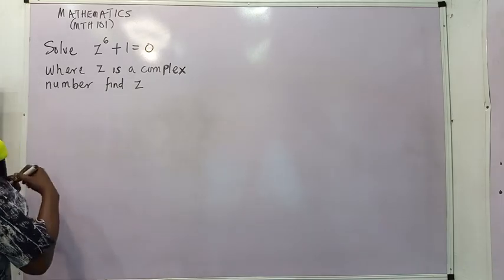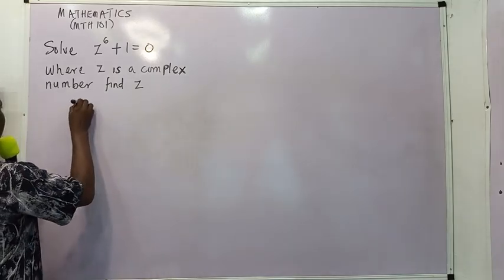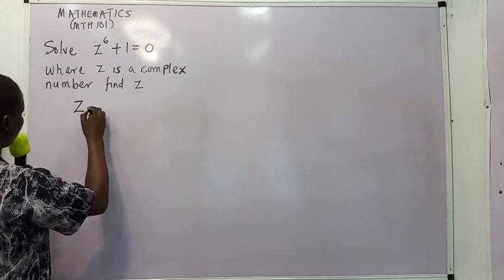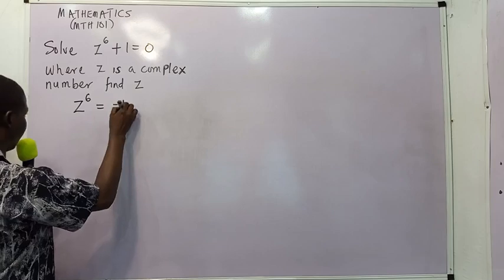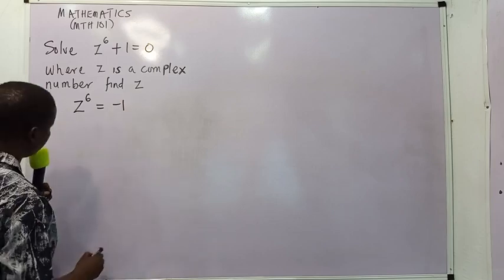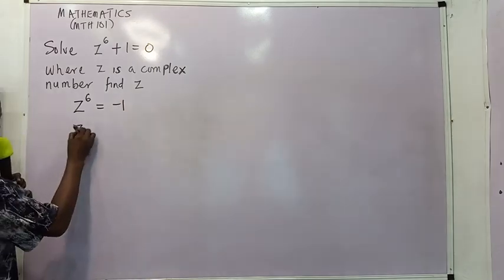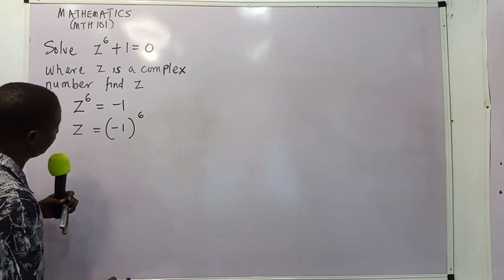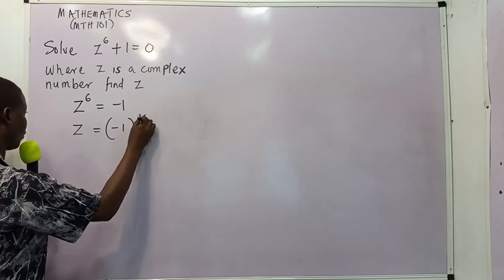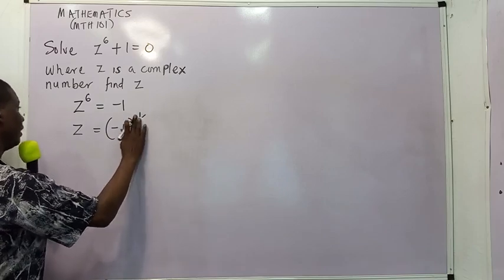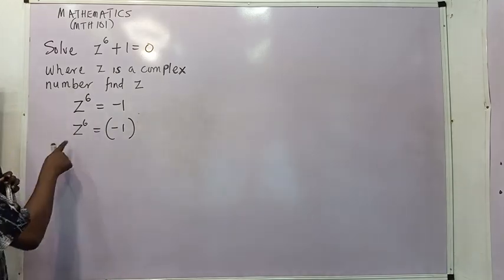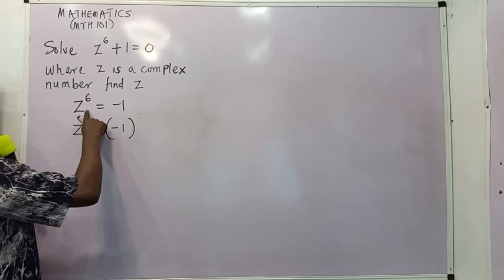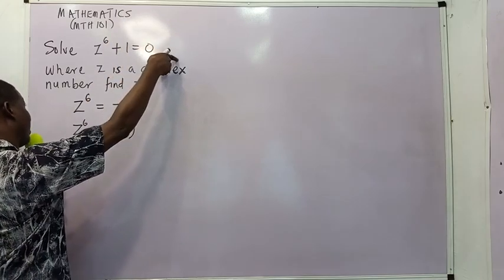To find the complex number z, z to the power 6 equals minus 1. This can be written as z equals minus 1, all raised to the power 1 over 6. First of all, z to the power 6 plus 1 equals 0, we take the 1 to the other side and it becomes minus 1.